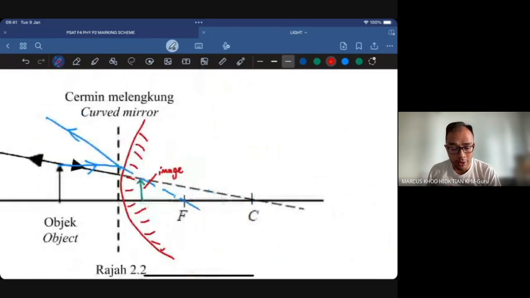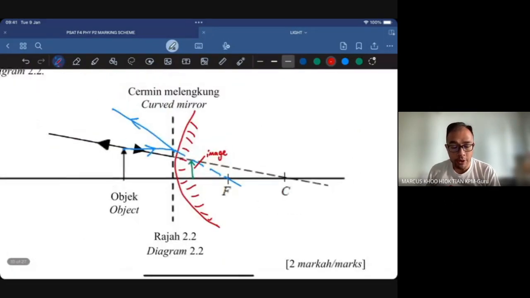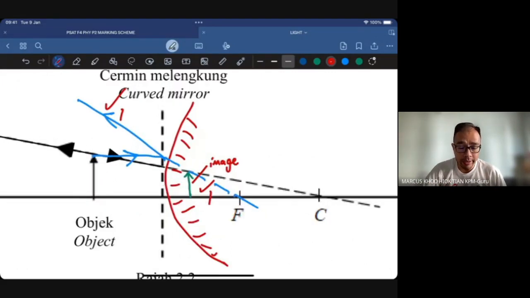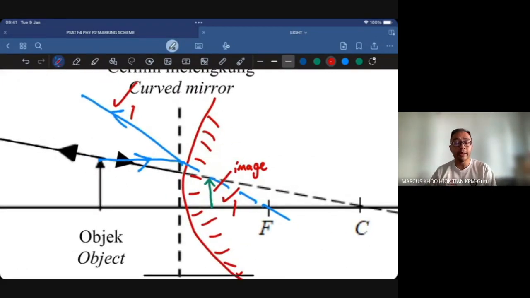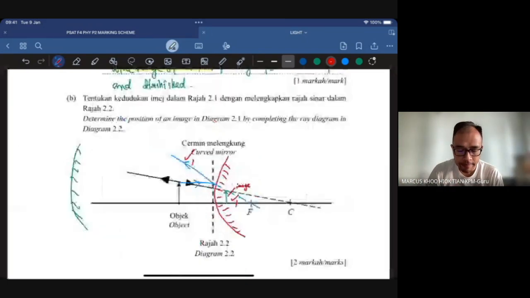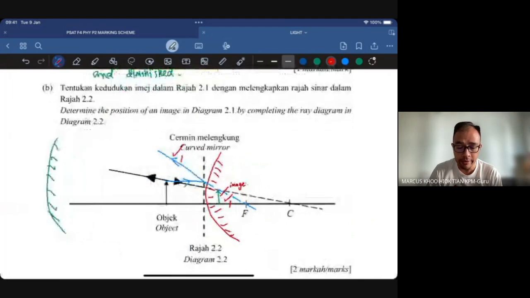This is a 2-mark question: 1 mark for the blue color and 1 mark for the image. The blue color is the difficult part, because you have to remember that for a convex mirror the rays go outwards, not inwards. It's supposed to diverge, not converge. So this is the ray diagram.